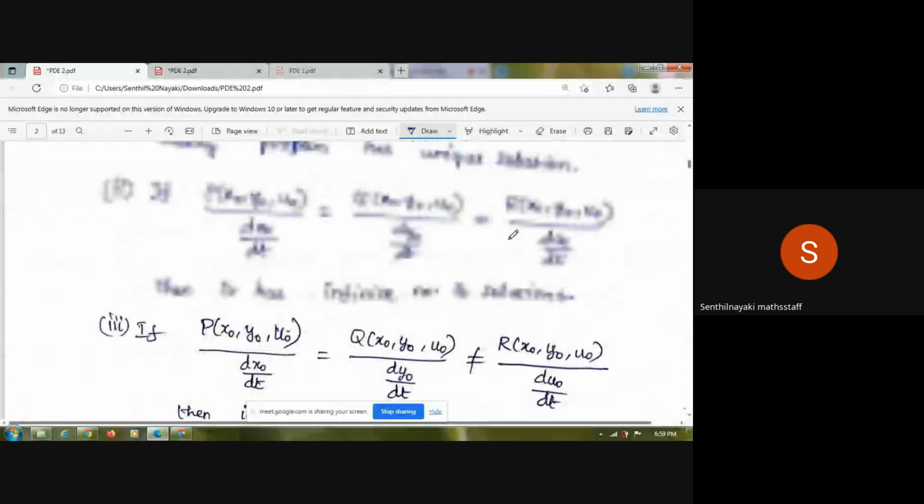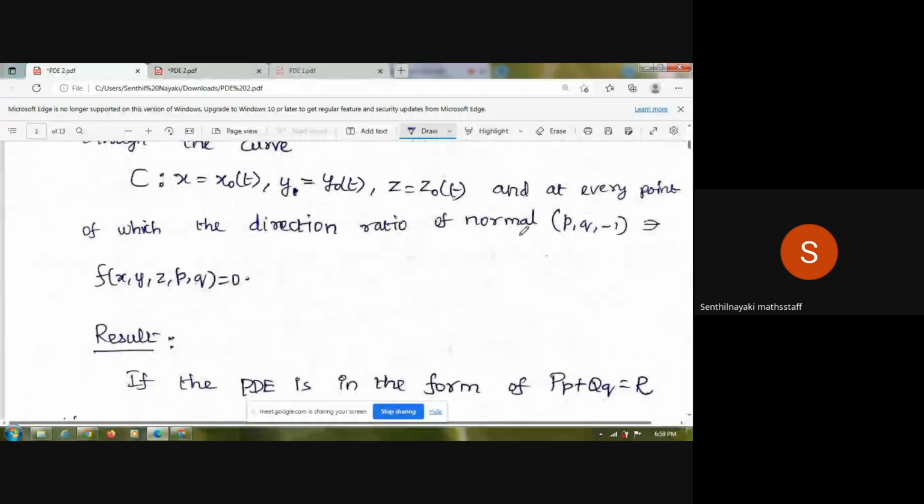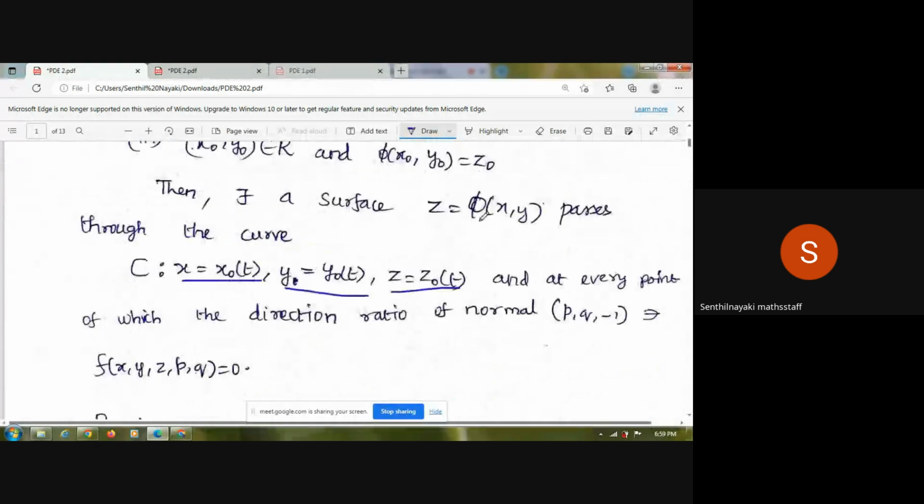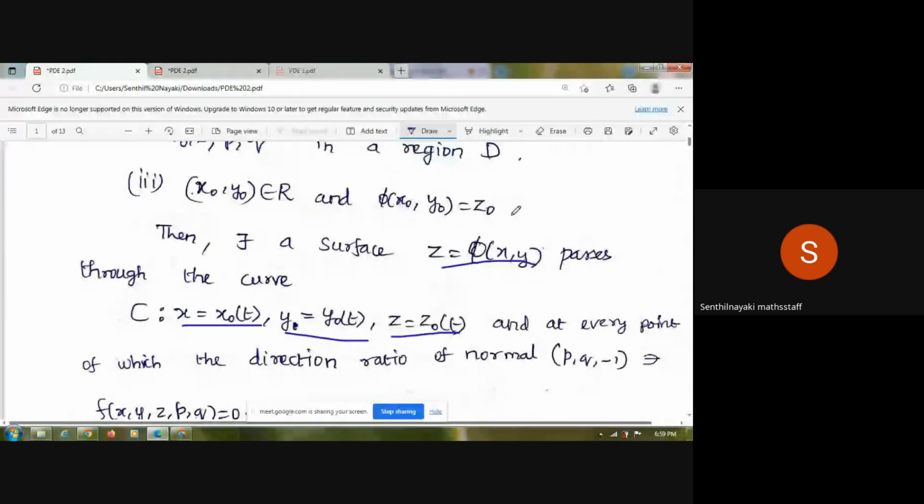Now I would like to mention here. If x equal to x naught, y equal to y naught, then z should be z naught. Moreover, z equal to pi of x comma y means z naught is pi of x naught, y naught. So if we change the variables x and y into x naught and y naught, then the value of z is directly changed to z naught.